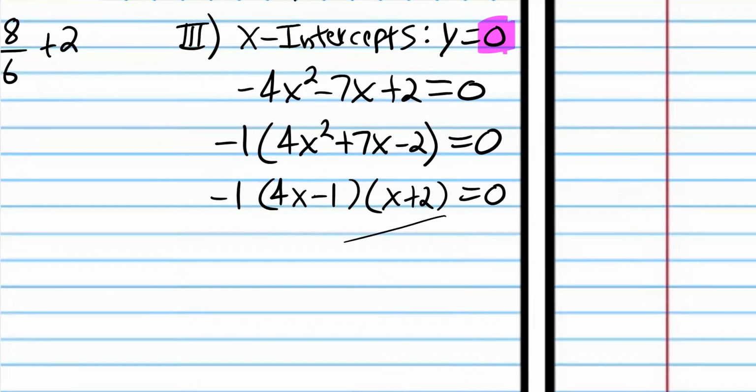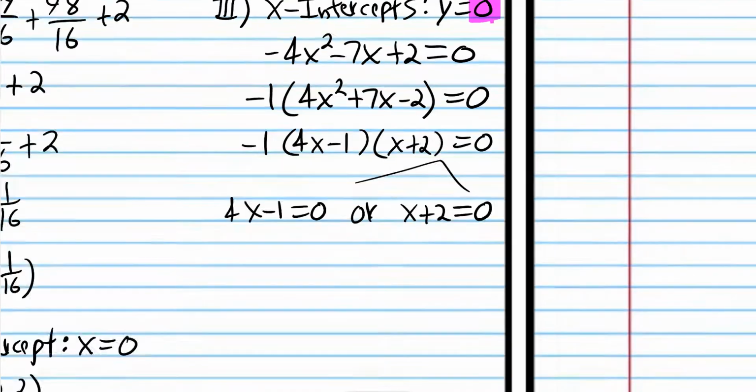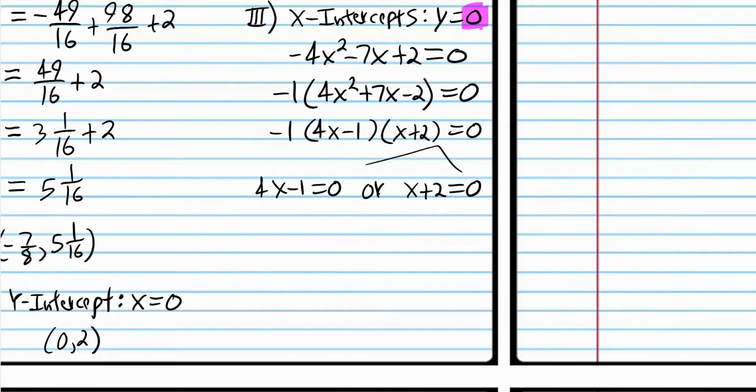So now we have 4x minus 1 is equal to 0, or x plus 2 is equal to 0. And of course x is going to be equal to 1/4 over here, and x is going to be equal to negative 2 over here, so therefore the x-intercepts are 1/4, 0, and negative 2, 0.